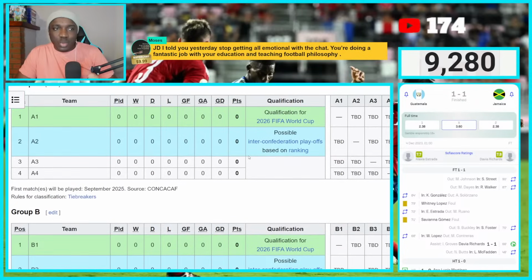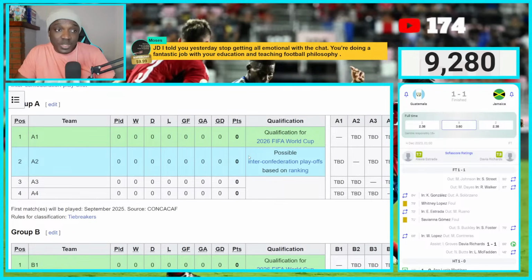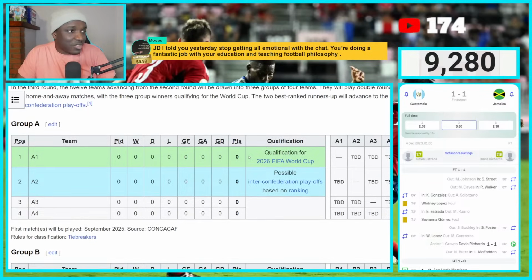I know that it's 12 teams, and they're going to have three groups of 12, that should be four teams apiece. All right, so it worked out well.